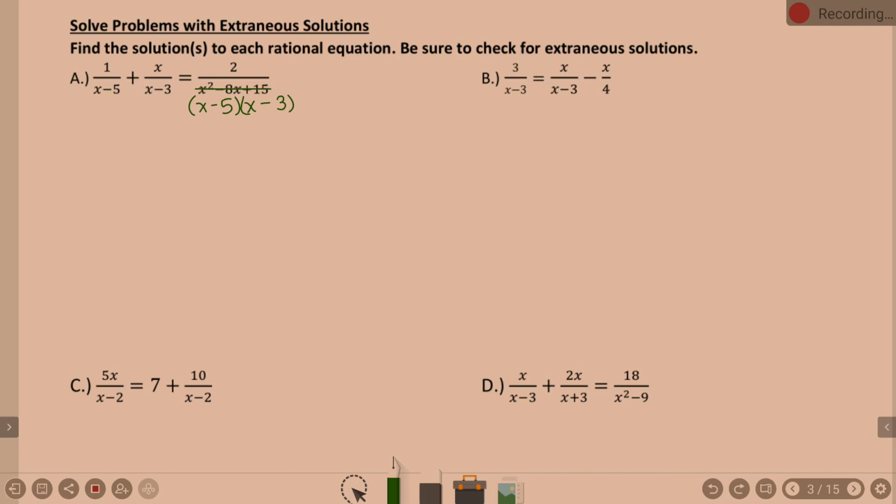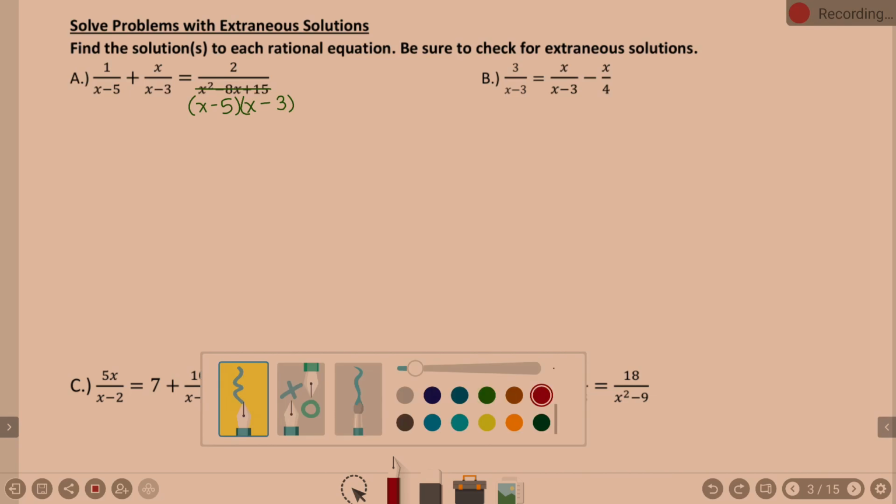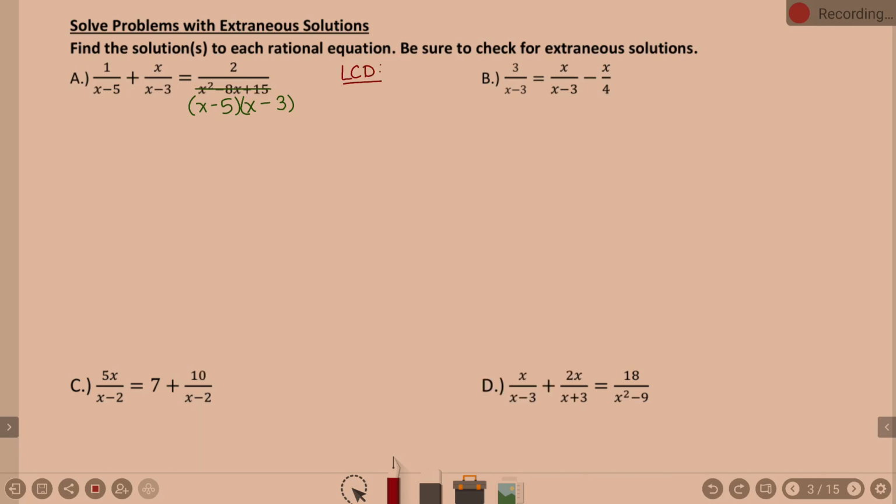Okay? Now, let's talk least common denominator, because that's what we're going to use to multiply. What are the pieces of the denominators that are in common? There's an x minus 5 in common.